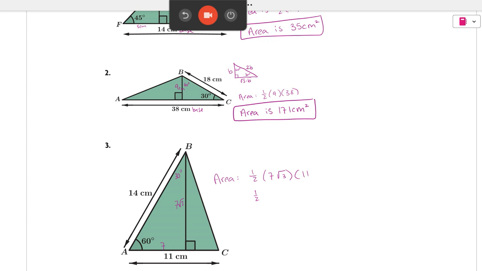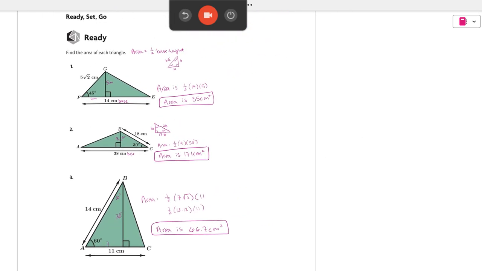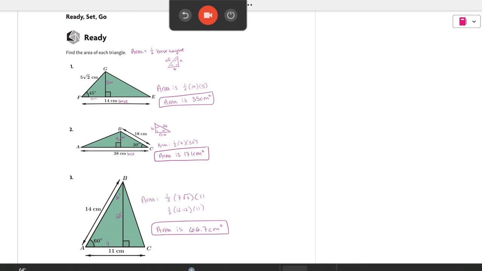So 1/2 times 12.12-ish times 11 is going to give us an area of 66.7 centimeters squared. Let's just make sure the directions didn't say to round any specific way. It didn't, so I'll just go to 1 decimal place for now.